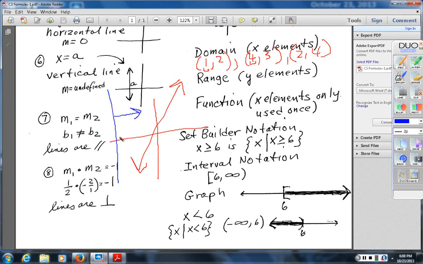Now, as this imaginary blue line moves over the diagram, does it intersect my graph in more than one place at a time? Imagine it. And the answer is no. So this, we say, passes the vertical line test. And this positive slope example is a function.